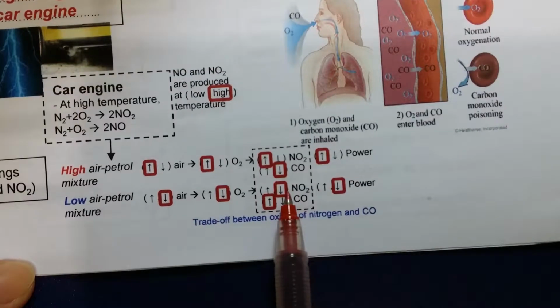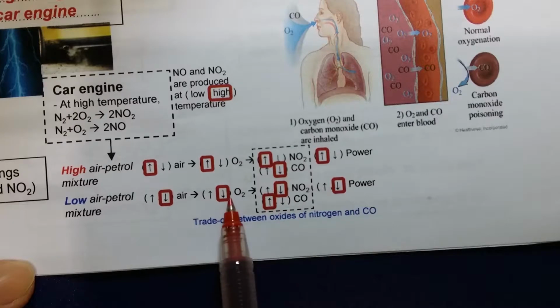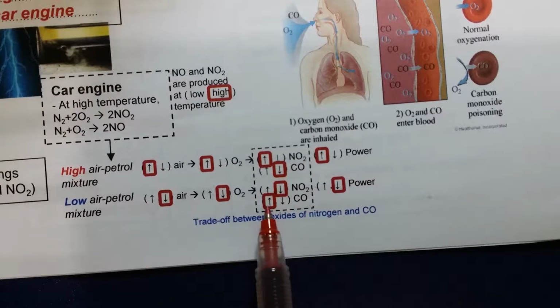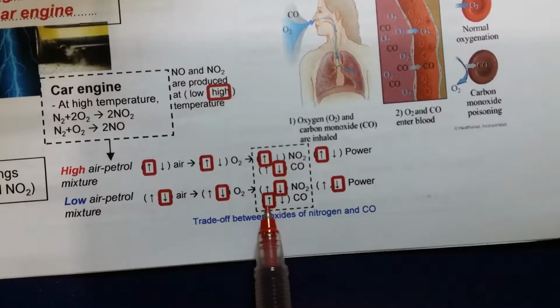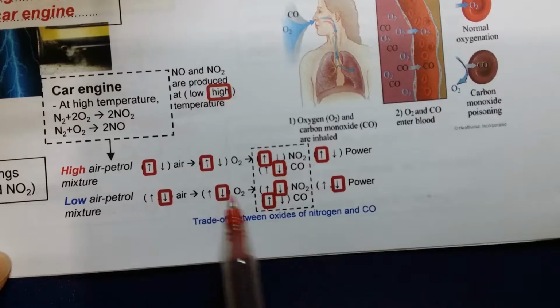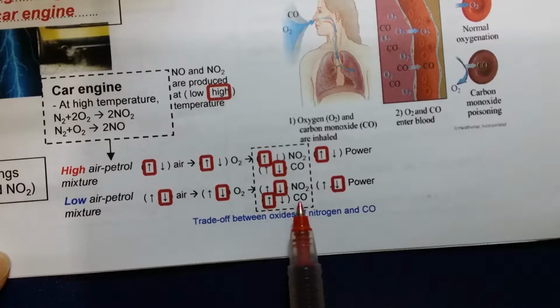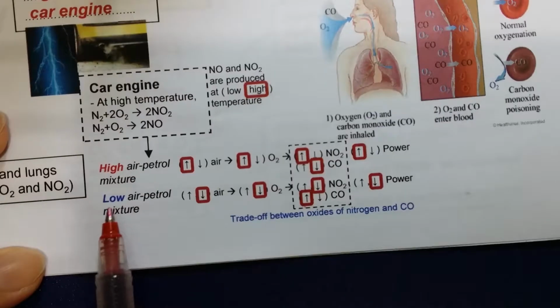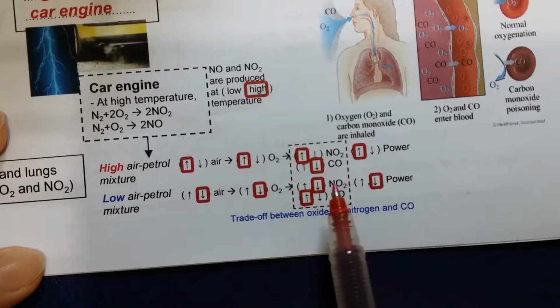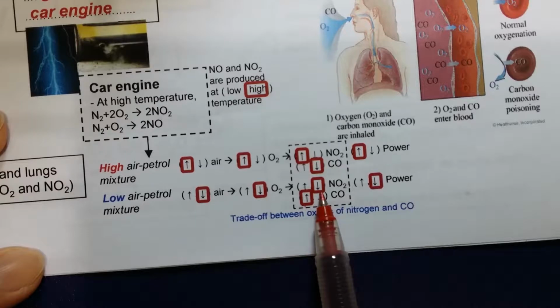And very little oxygen also means that the combustion will be incomplete. When the combustion is incomplete, a lot of carbon monoxide is produced. So in the case of low air petrol mixture, very little nitrogen dioxide is produced, a lot of carbon monoxide will be produced.